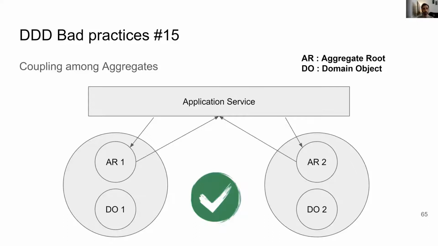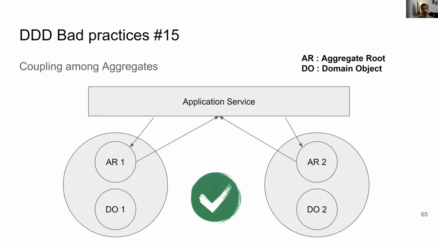The good solution is to have an application service. An application service, again, in the live coding session, I will talk about aggregates, about domain objects. So the application service is a layer before the layer where we can find our use cases, and it has the responsibility of orchestrating the use case.